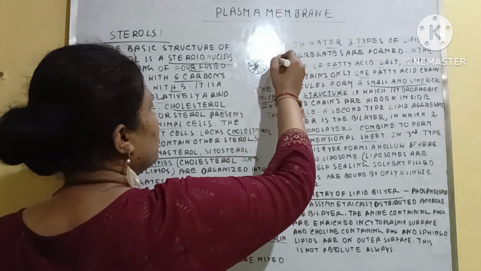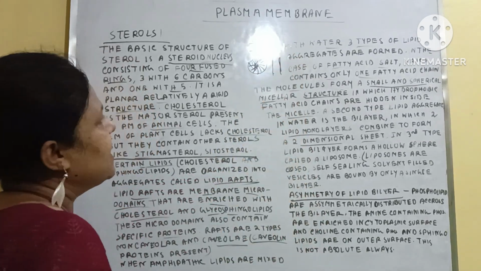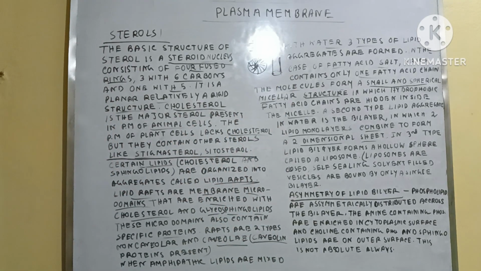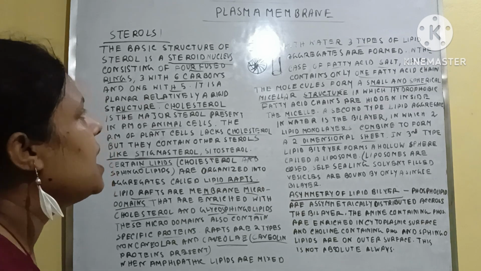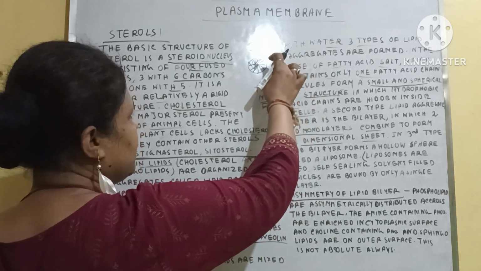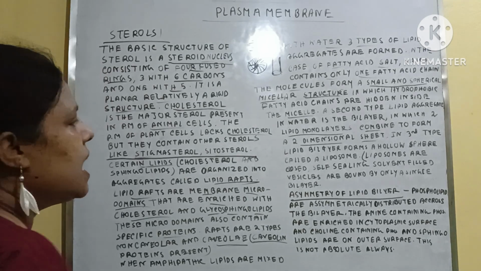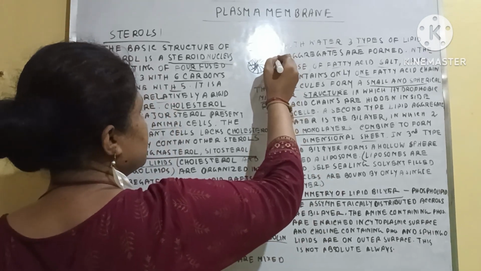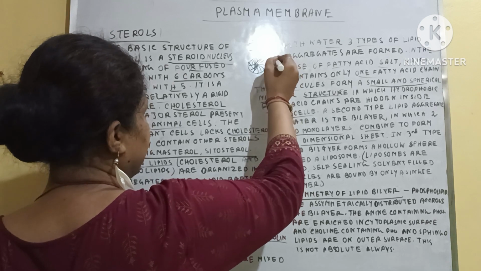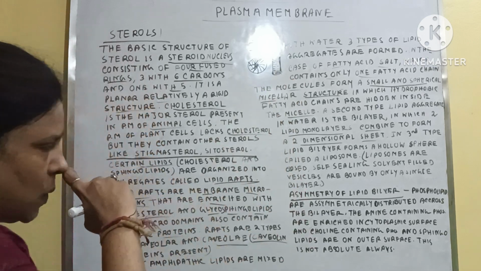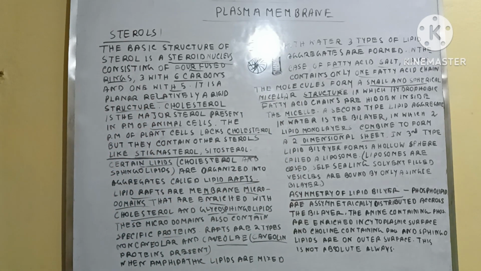Clear? This is called the liposome. A liposome is a closed, fluid-containing vesicle bound by only a single bilayer, with the fluid present within the hollow part. So three types of arrangements are seen when amphipathic lipids are mixed with water.